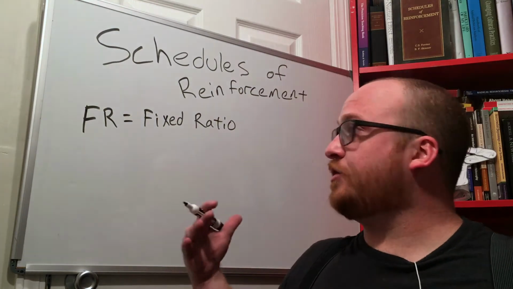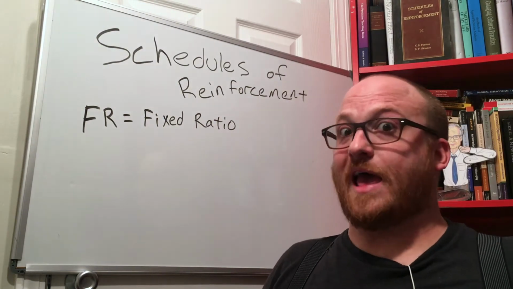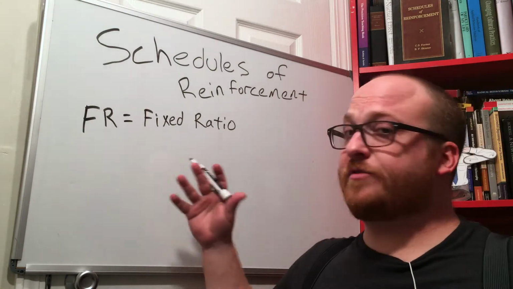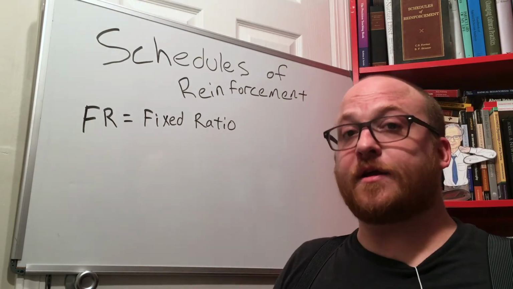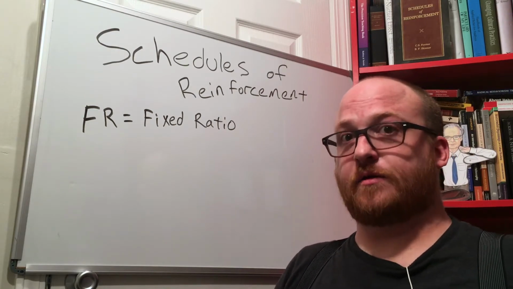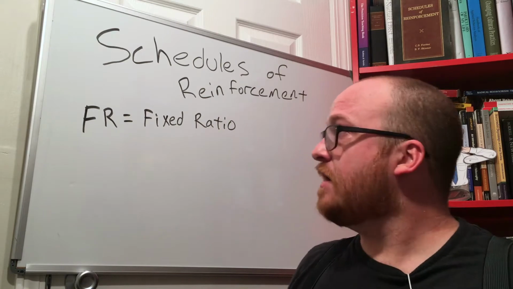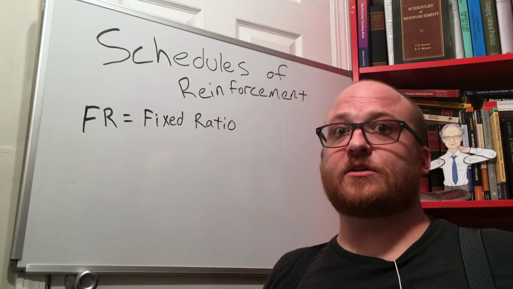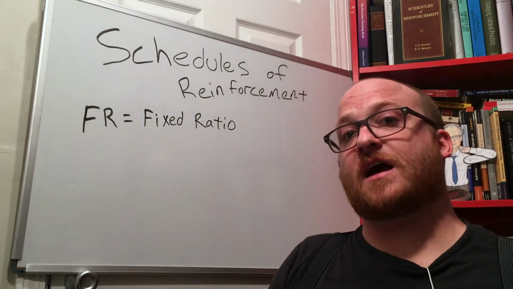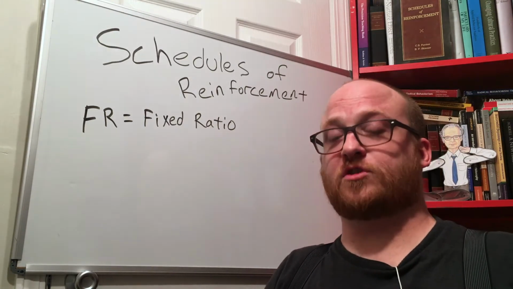With fixed ratio schedules of reinforcement, or FR schedules of reinforcement, there is a fixed amount of responses required before reinforcement will be administered following that last required behavior. So it's fixed in that the number doesn't change every time. If it's an FR5, it takes 5 responses before reinforcement will occur.